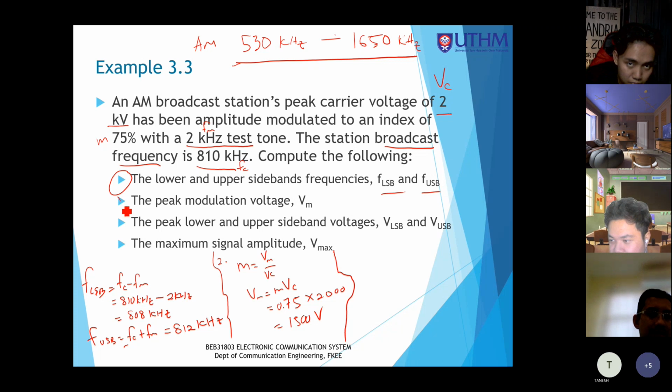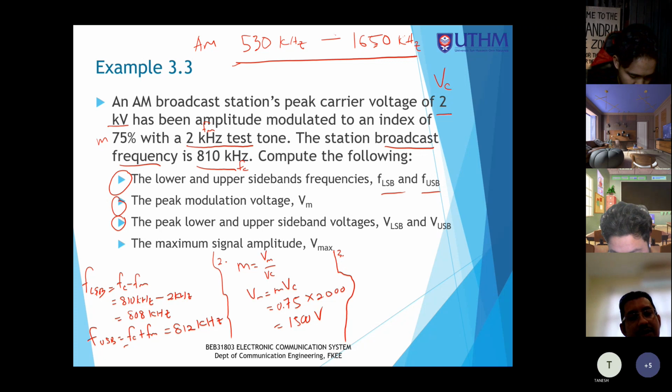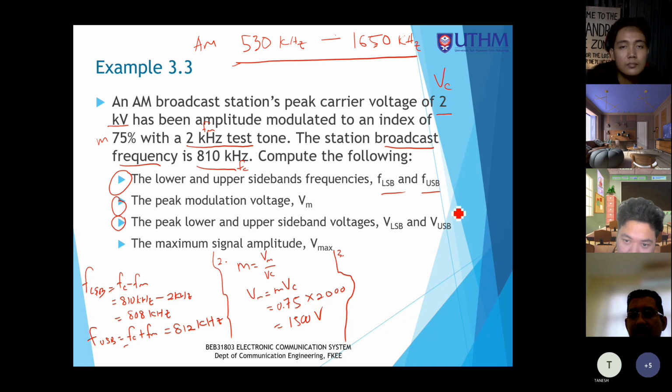And then what? The next one is VLSB, VUSB. So soalan yang ketiga dia tanya VLSB. So VLSB sama dengan berapa? Remember tadi, VLSB sama dengan VUSB. Sama dengan berapa?